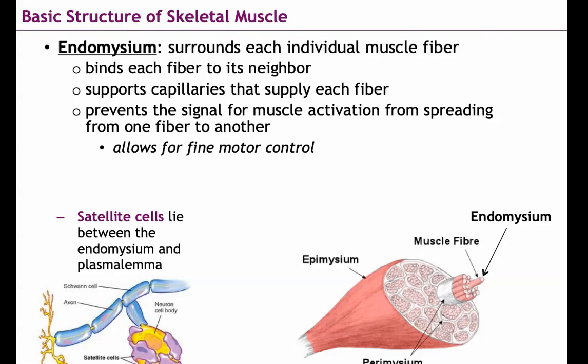It doesn't have a role yet, but it can choose a role, and the satellite cells that exist in the muscle can help to repair and rebuild damaged muscle fibers, which is important with resistance training and endurance or aerobic training. Anytime we break down muscles, the satellite cells have to rebuild them. So we need satellite cells, so that's what exists at this layer. They exist in between endomysium and plasmalemma.